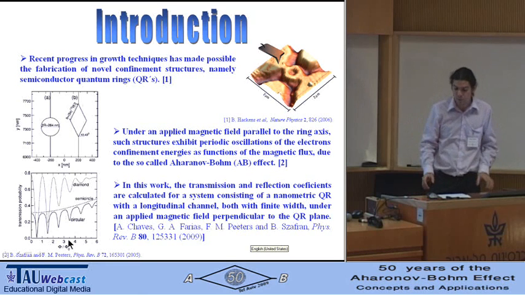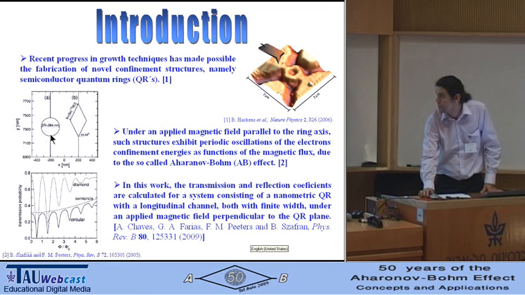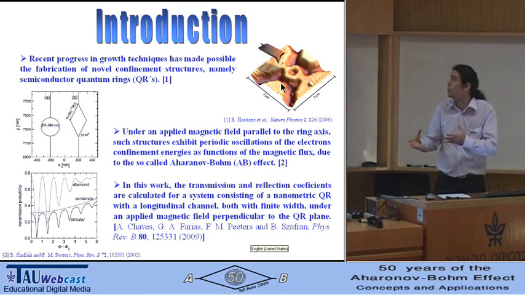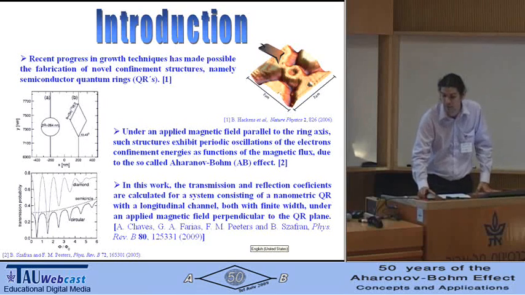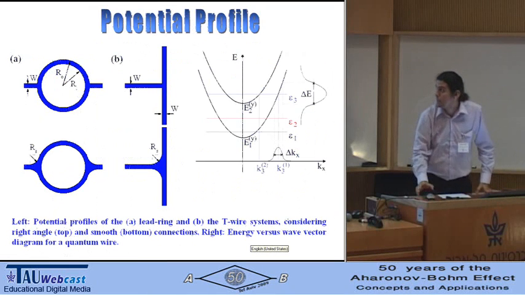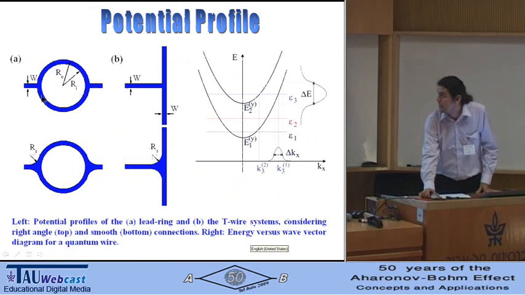What we have done is to consider the same system, but with a finite width, like this, in order to try to see what happens in this kind of experiment. The main difference is that as we have a finite width, we have different subbands here.